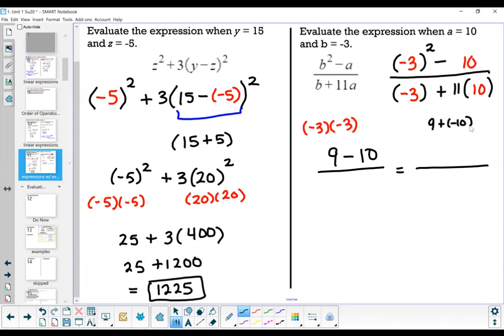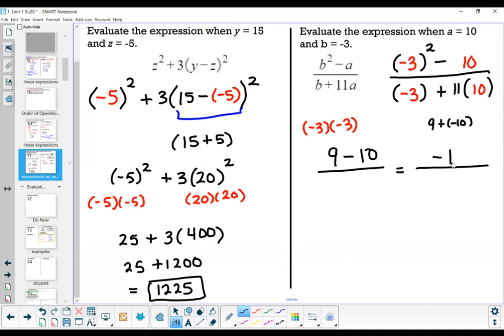So you have -1. You want to subtract 10 minus 9, and you keep the sign of -10 because it has a greater impact. All right, that's our numerator.